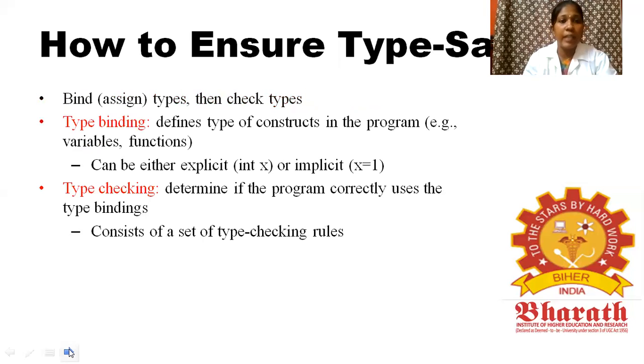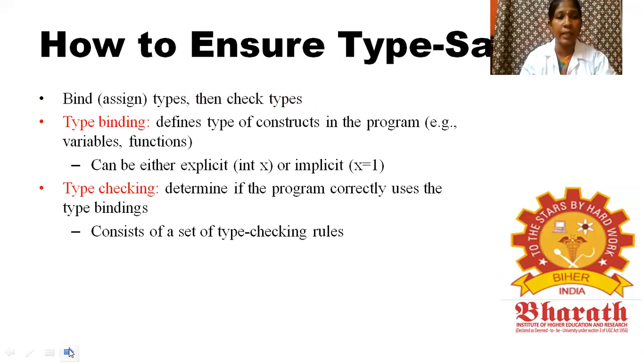How do we ensure type safety? For that, we have type binding and type checking. Type binding defines the type of constructs in the program, for example variables and functions. They can be either explicit or implicit. Explicit means you declare the type, like int x. Implicit means the type is determined from the value assigned at that place itself.